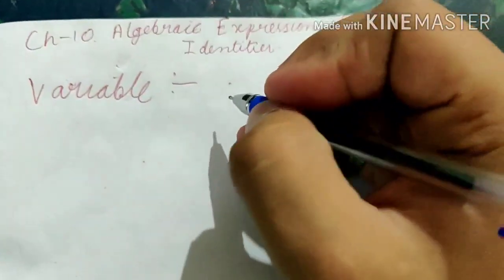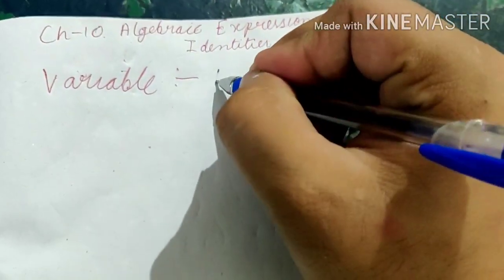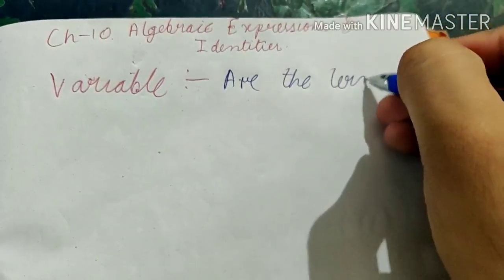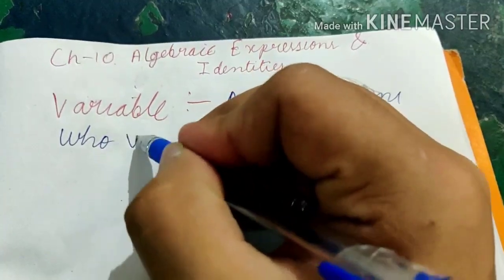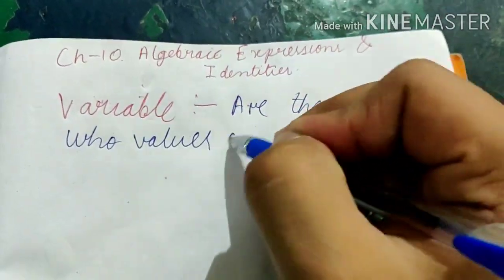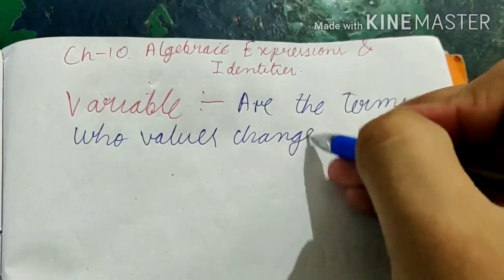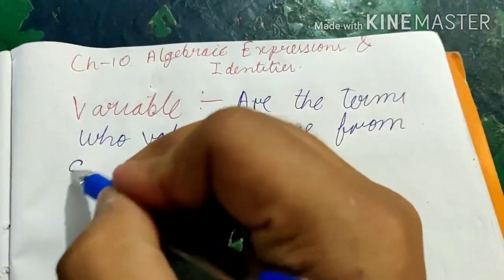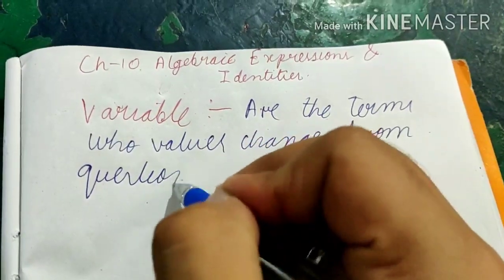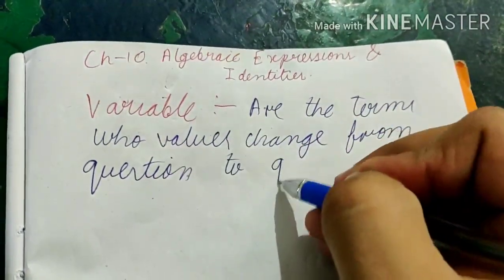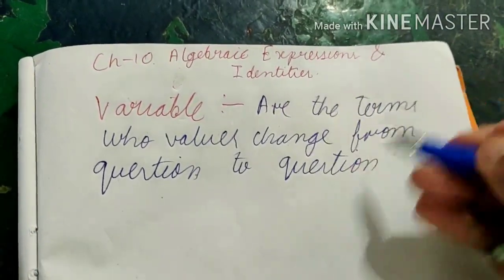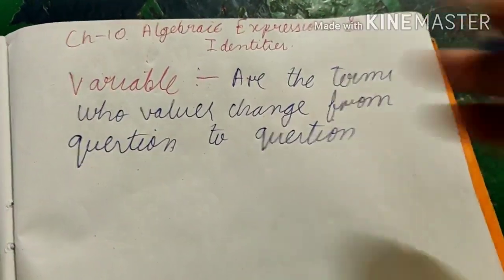First, going through variable: variables are the terms whose values change from question to question. That is, whose value is not fixed, that keeps on changing from question to question.